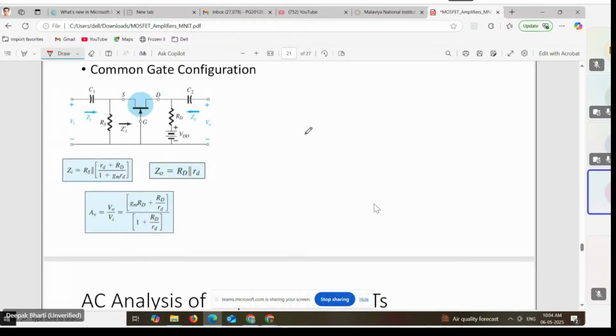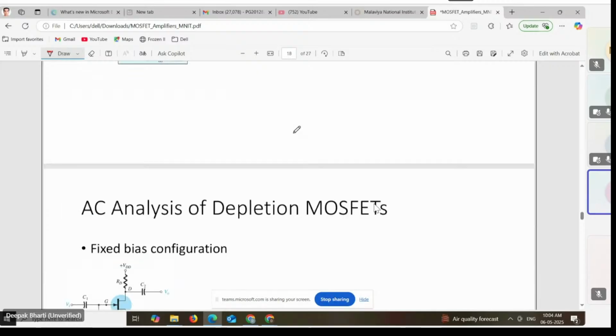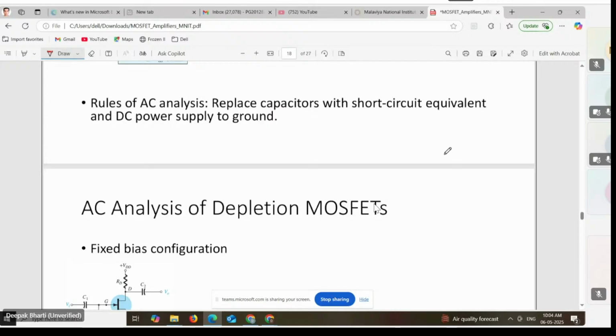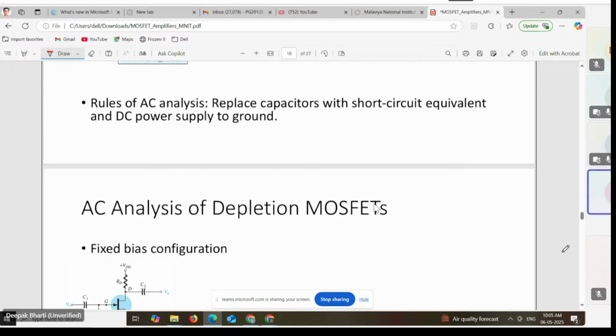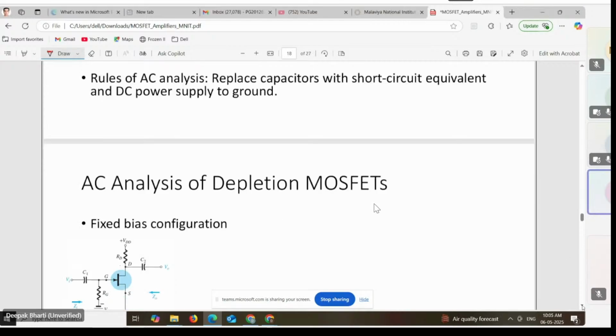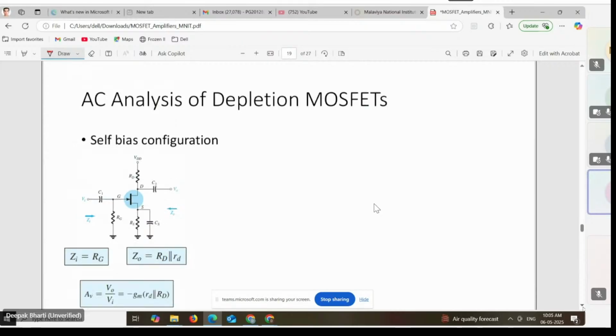So if I can go back, so fixed bias, yes, this was the fixed bias, this we had seen, and this was the self bias configuration that we had seen.